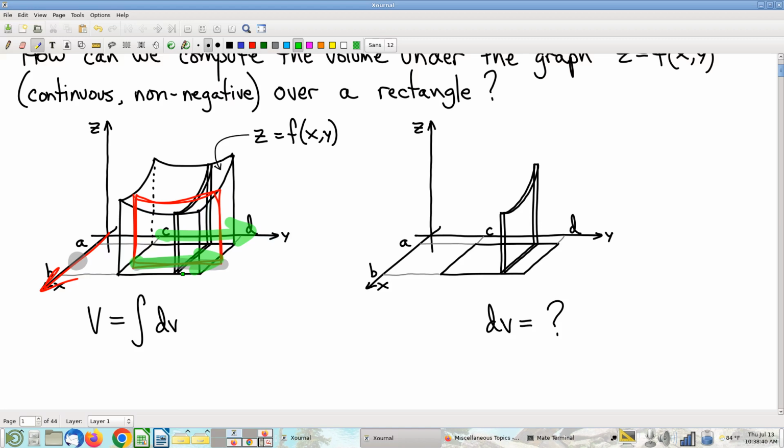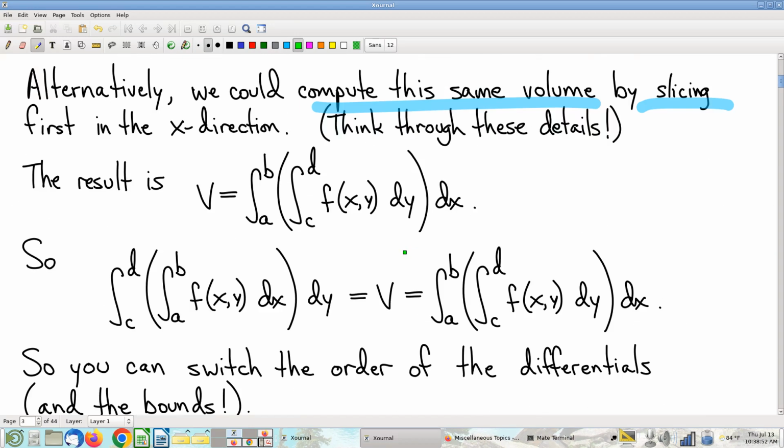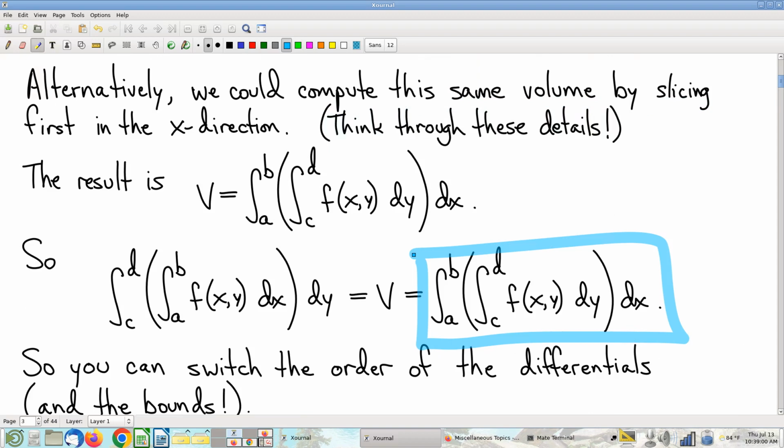Wait a minute, how is the picture different? And where is my dx and where is my dy? And which variable is playing what role at what stage? Right? And you think that through on your own, and the answer will be that you get this right here.